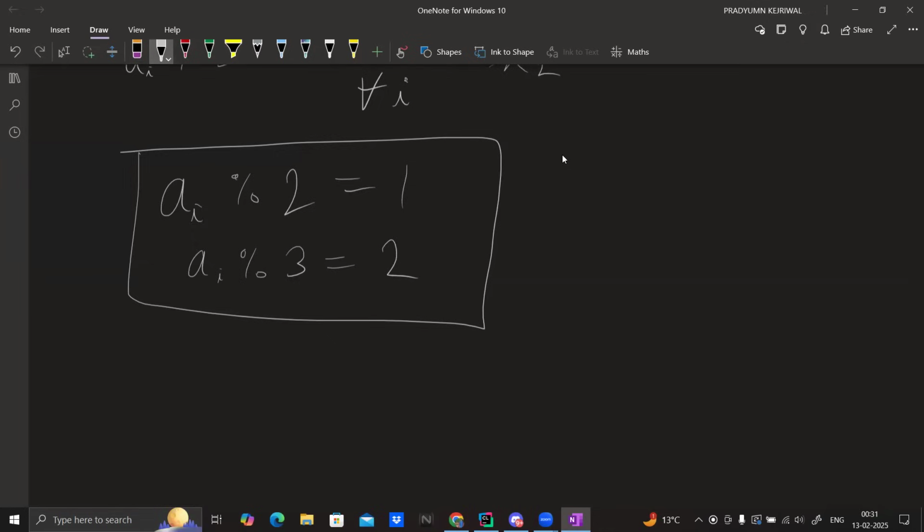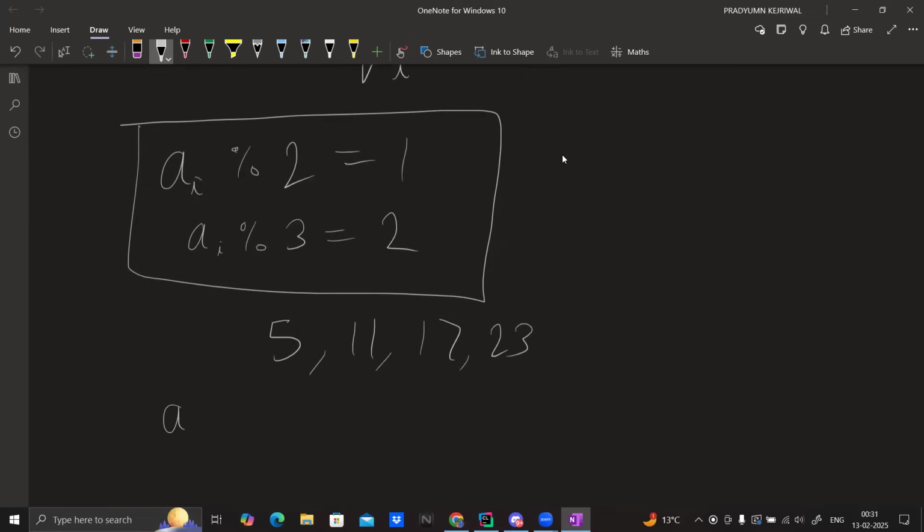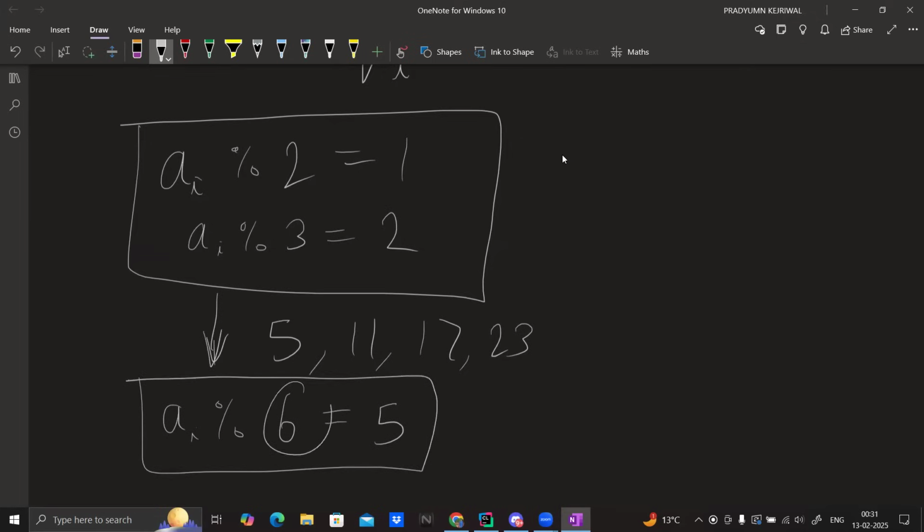Then what's the number? I guess it's 5, right? Because 5 mod 2 is 1 and 5 mod 3 is 2. So the number can be 5, or 11, or 17, or 23, and so on. So basically AI mod 6 is fixed, determined by these two equations, where 6 is the LCM of 2 and 3.